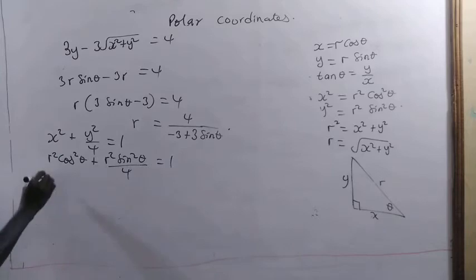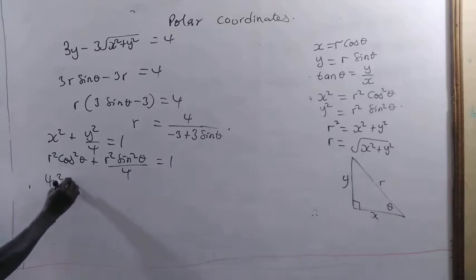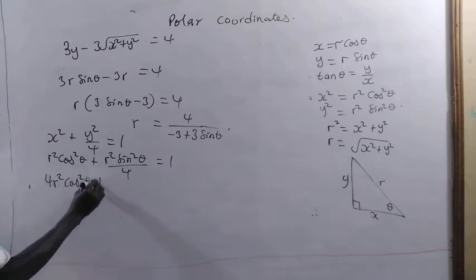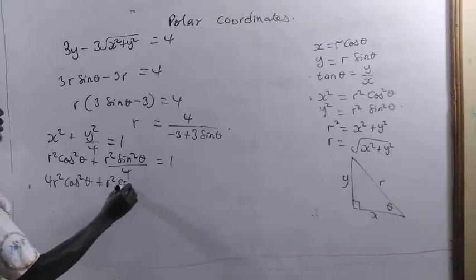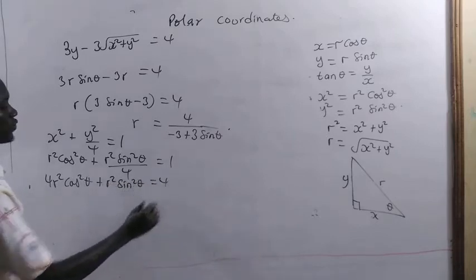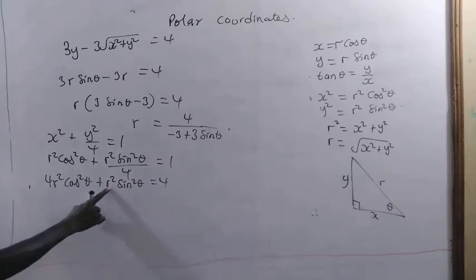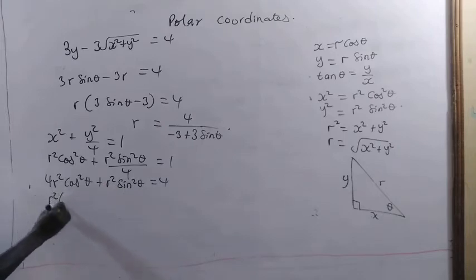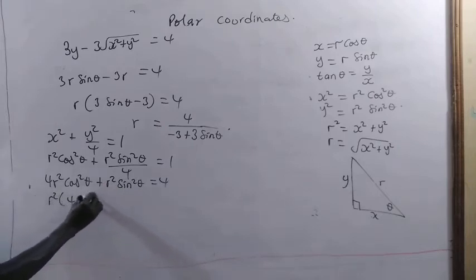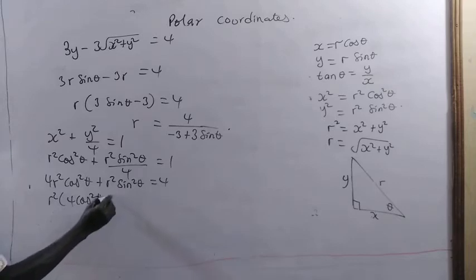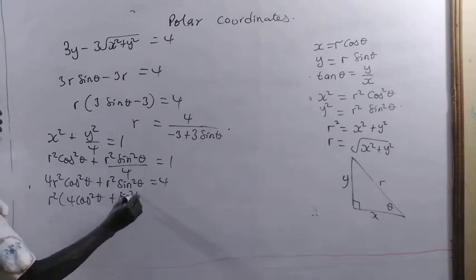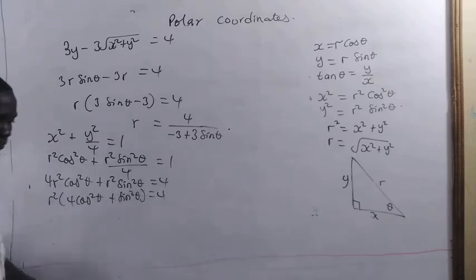So if you multiply by 4, we have 4 r squared cosine squared of theta plus r squared sine squared of theta equal to 4. You have r squared here and r squared here, so you have r squared into bracket 4 times cosine squared of theta plus sine squared of theta equal to 4.